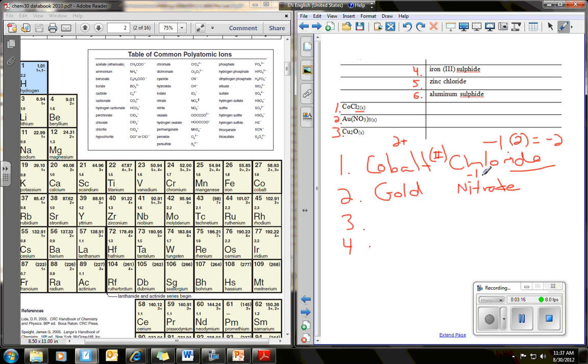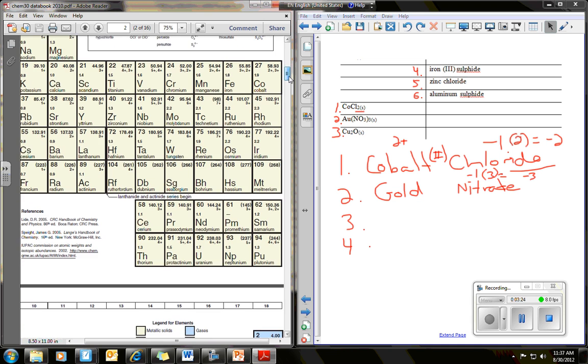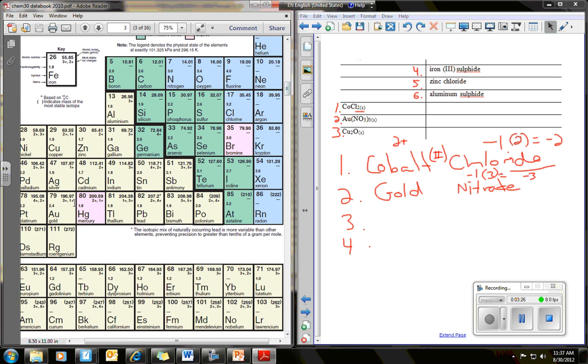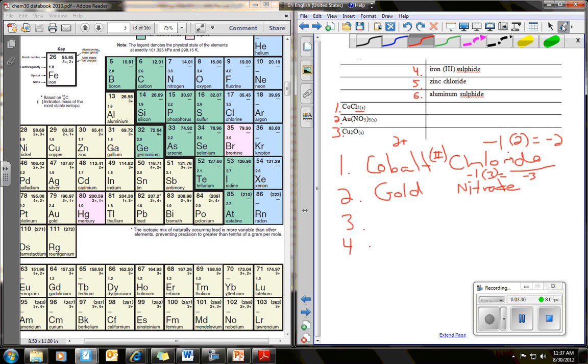I had 3, so -1 times 3 equals -3. To balance out the compound, I would need the 3 plus. I hope you guys agree. I would write gold in Roman numerals, 3, so I would have gold(III) nitrate.